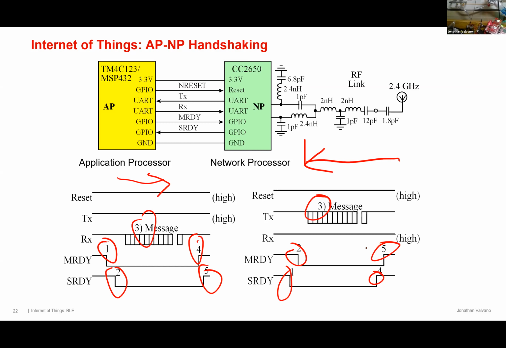Highly reliable. You know, collisions cannot happen. There are timeouts, so that if the master ready drives low and the slave ready doesn't go low, it'll time out. Right?